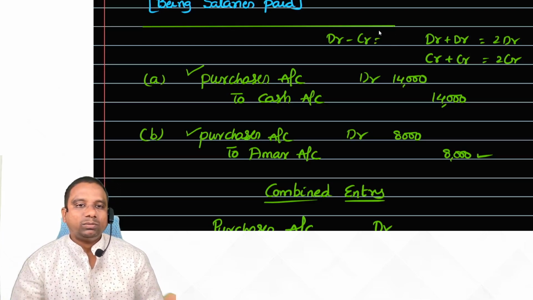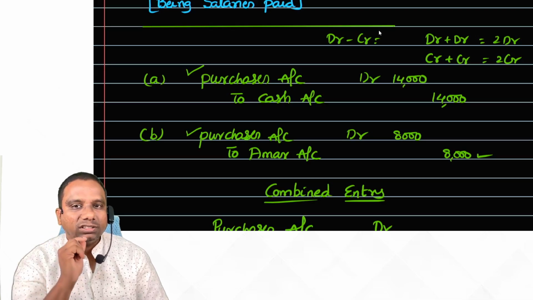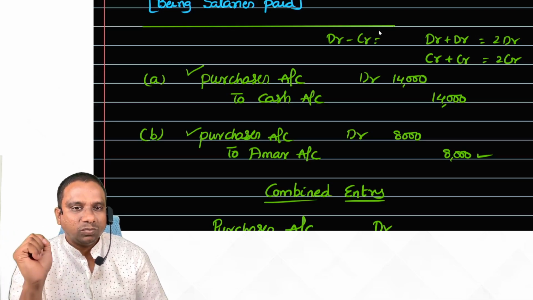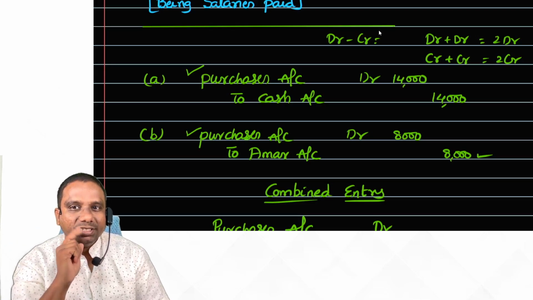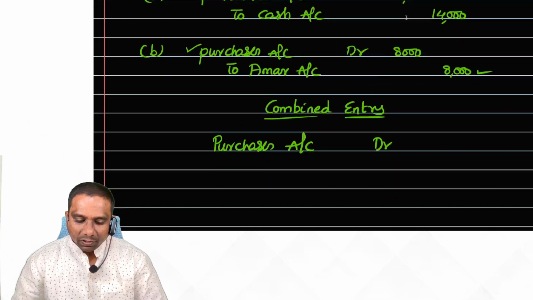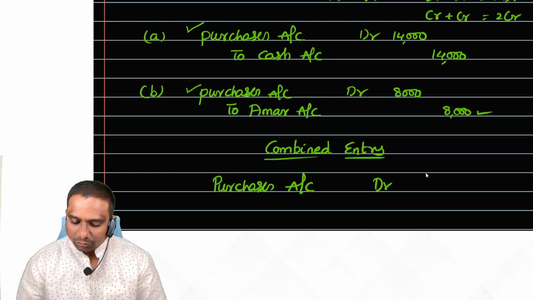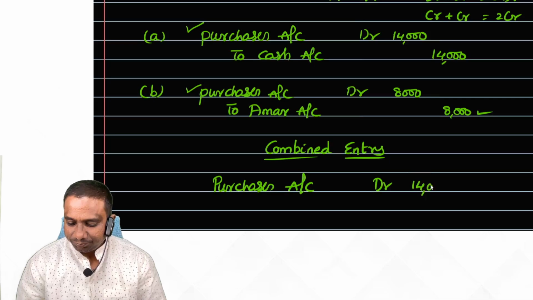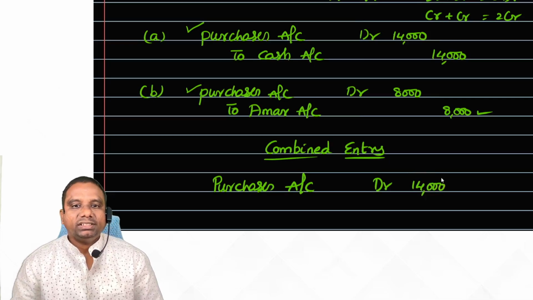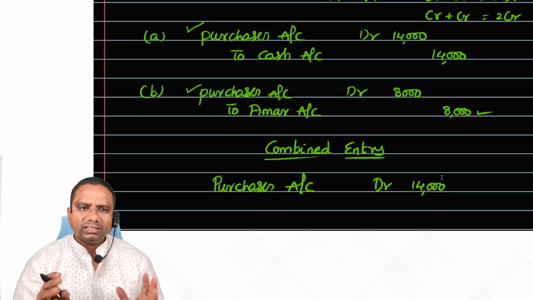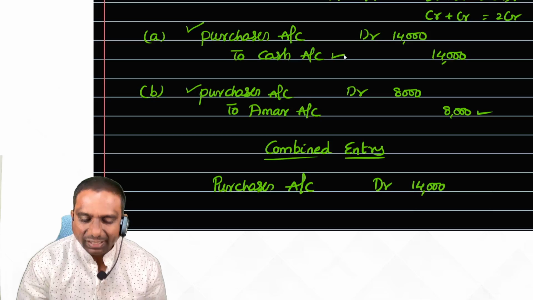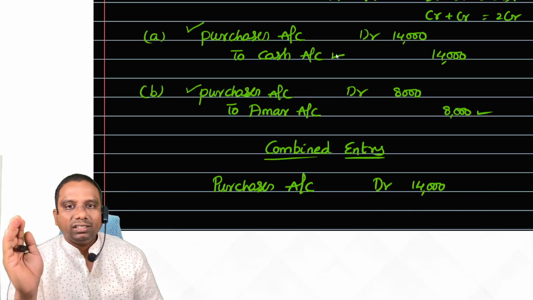Whatever the excess amount we have, that we assign the symbol. Suppose debit is more, plus debit. Credit is more, minus credit amount. Is it clear, students? So here total purchases are 22,000. Yes or no? Yes. Now next observe first entry credit.